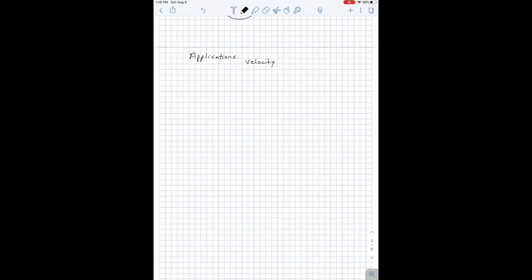The velocity of an object is actually the first derivative. And the second derivative is the acceleration. And the function itself, the original function, is the position.